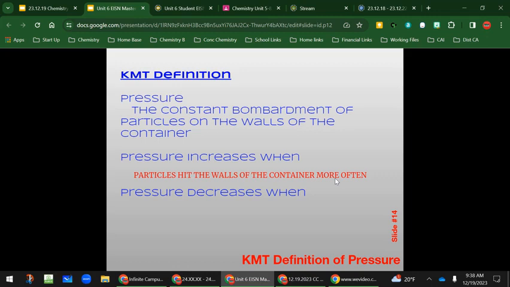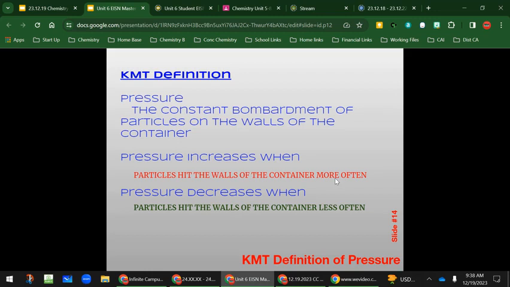So how do you decrease pressure? Not as often. Make the particles hit the walls of the container less often. That is the way we are forced to look at pressure because we cannot talk about a gas exerting a force over an area. It just doesn't work.